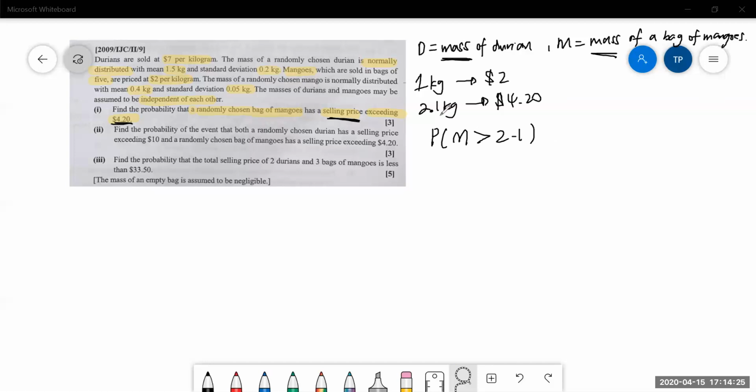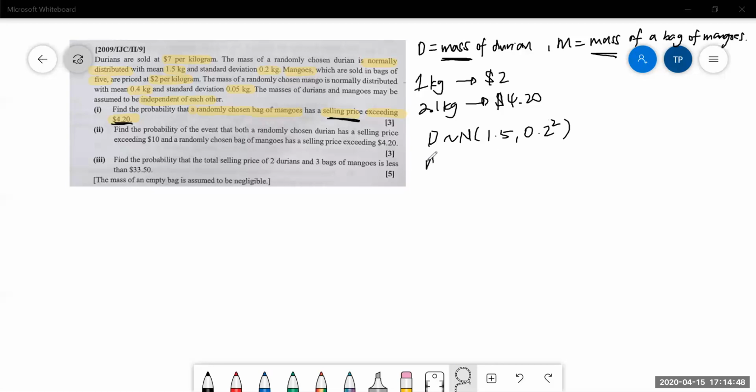Okay, but before we even do this, we need to write down the distribution first, of course. So we have durian follows a normal distribution, with mean 1.5 and variance 0.2 squared.